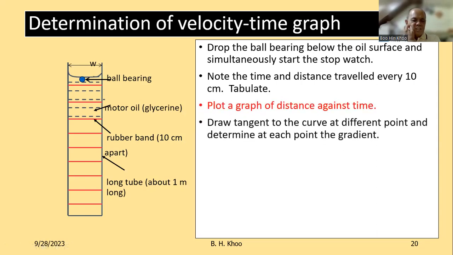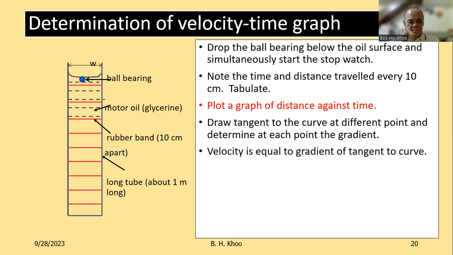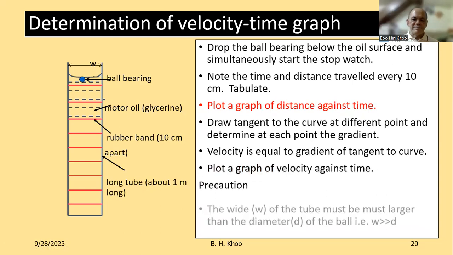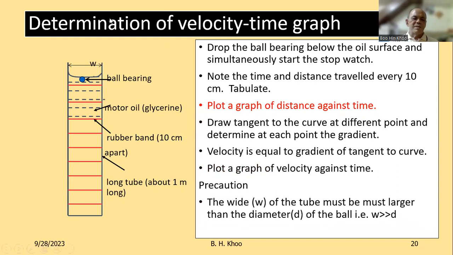Then draw the distance time graph. And then at different time intervals, we draw a tangent to the curve to find the velocity for each time. Right? And plot a velocity time graph. We caution this one must be wide compared to the diameter of the ball.